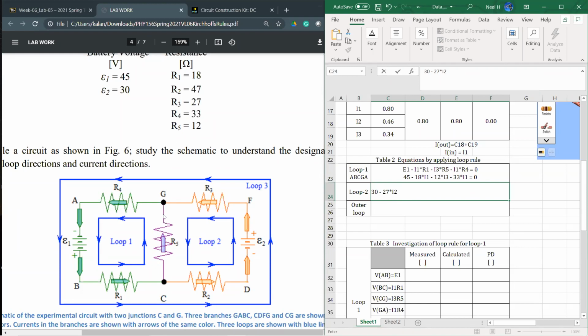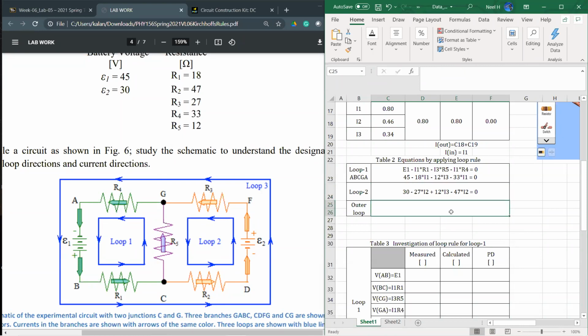Then if I go from G to C, that's where the difference is. The direction of the loop is opposite to the purple arrow, which is the current, so that should come with a positive sign. R5 is 12, and the current passing through is I3. Then if I go from C to D, the current and the loop are the same, negative sign, R2 is 47 times I2, and everything equals 0.